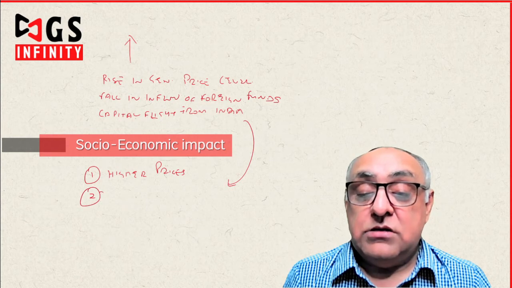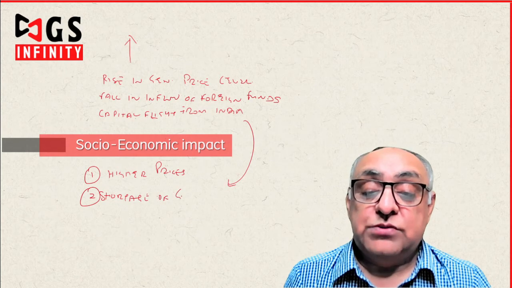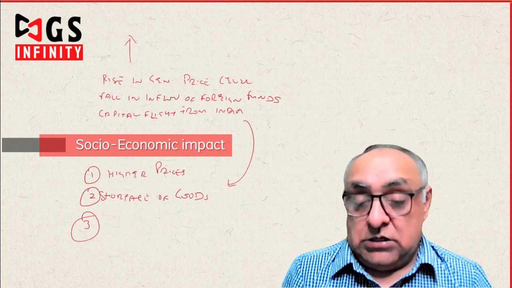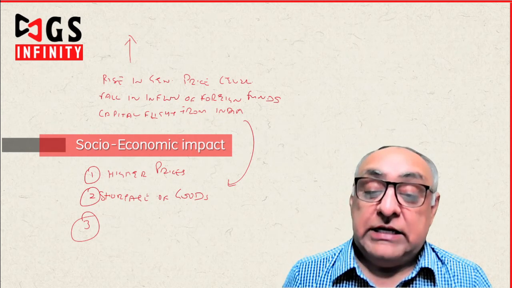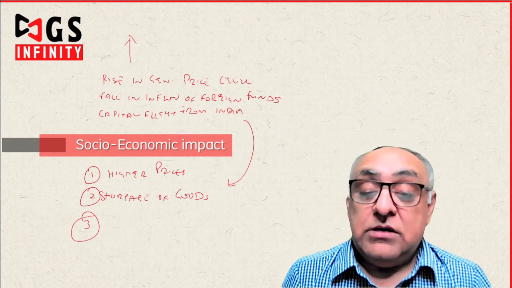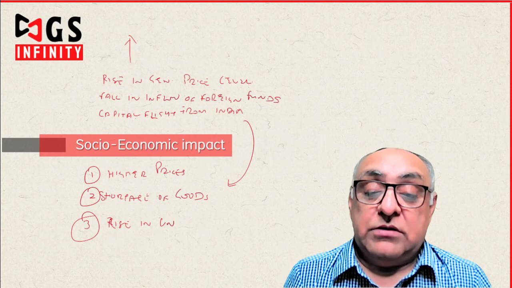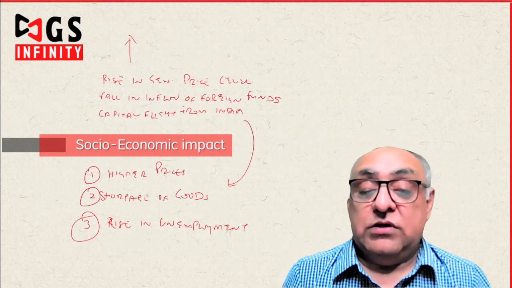Second impact can be shortage of some goods because of the higher prices. And third, due to the capital outflow from the economy and the fewer incentives for investors to invest in India, there may be a rise in unemployment, or no increase in the rate of employment in the country.